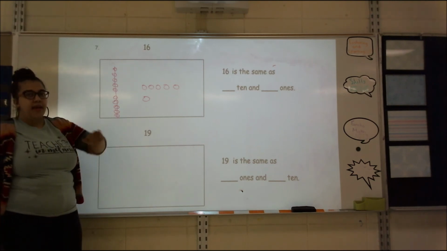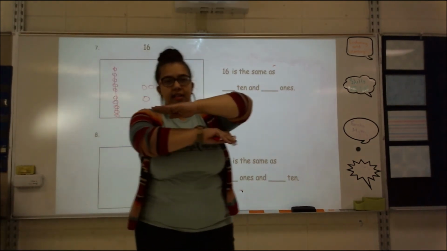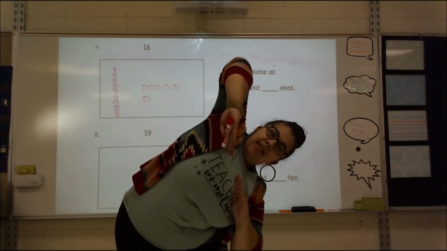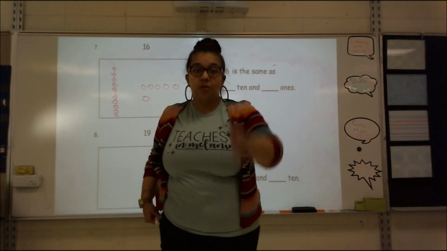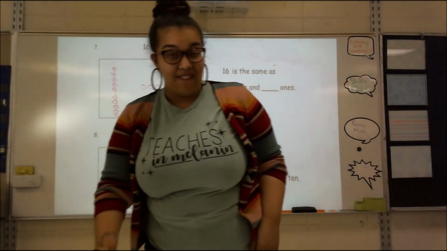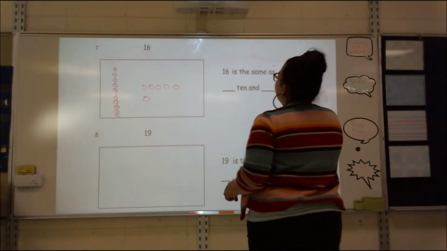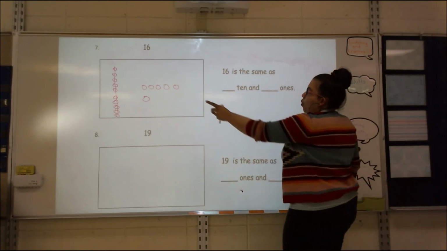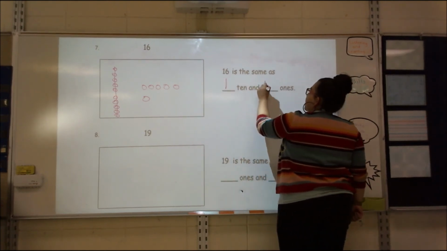So it's very intentional. We start like this, then we straighten it out. Now we've turned it this way, and eventually it'll just be a line. So our pictures are getting more advanced. We're getting fancier with these pictures, y'all. All right, so 16 is the same as what? One group of 10 and 6 ones.